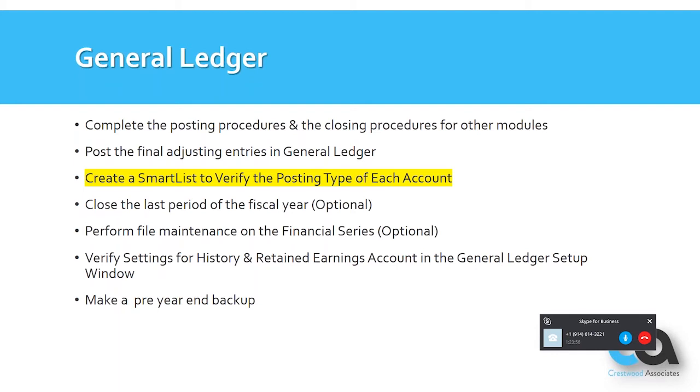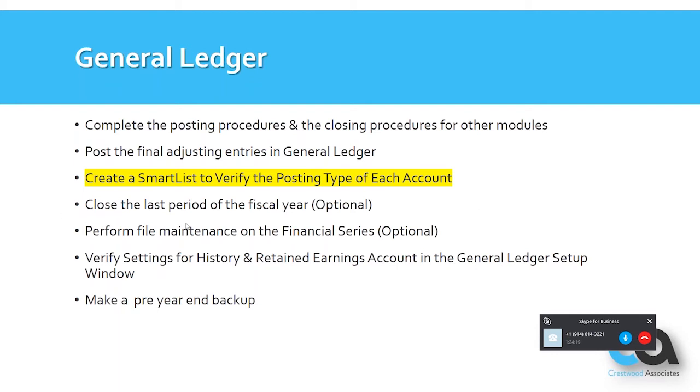There's a quick smart list we can run to verify that those are correct, and it's definitely worth taking the time to do that. There is a tedious process to fix it if you find yourself in a situation where some accounts were wrong. It is possible to fix it, but it's extra time, so it's definitely worth making sure you have it right before you run the process.